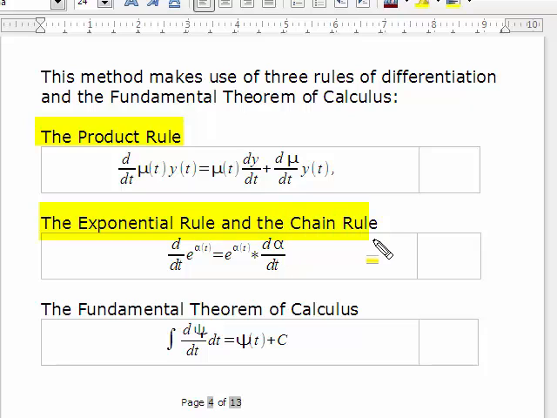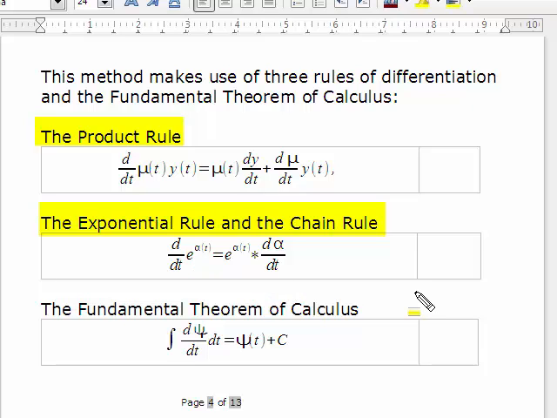Then if you have e to the something, and what's in the exponent is a function of time, you can use the exponential rule and the chain rule to evaluate that. So the derivative of e to the alpha t is e to the alpha t times the derivative of alpha with respect to time.